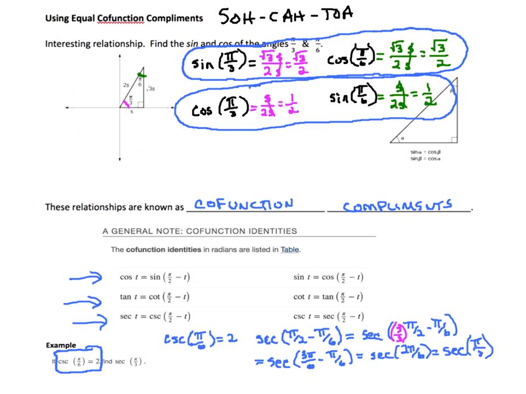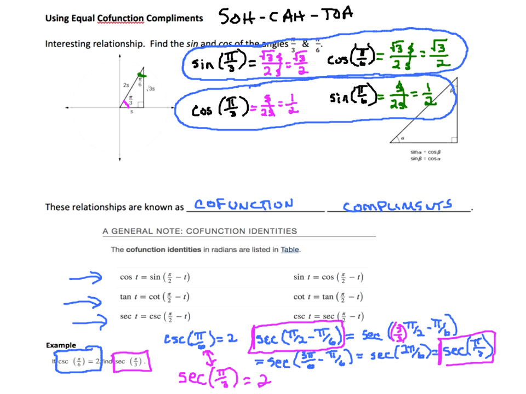Okay, they ask for the secant of pi over 3. I now know that the secant of pi over 3 is equal to the secant of pi over 2 minus pi over 6, which sets up my relationship to be able to say, okay, the secant of pi over 3 then also has to equal 2, just like the cosecant of pi over 6.